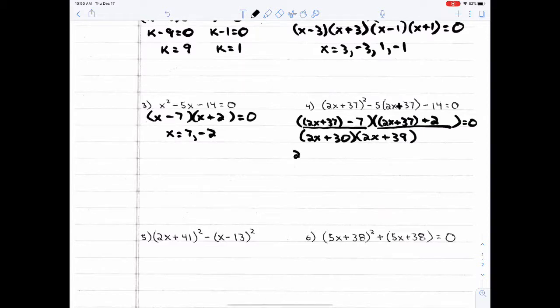But if not, set each one equal to 0. Unfortunately, the bell just went off for some reason. Anyway, so x equals negative 15 and x equals negative 39 halves. Okay?